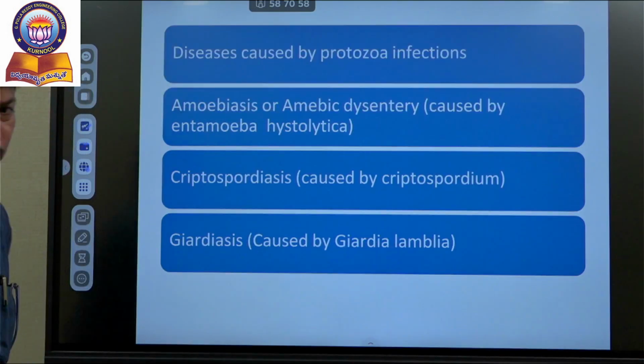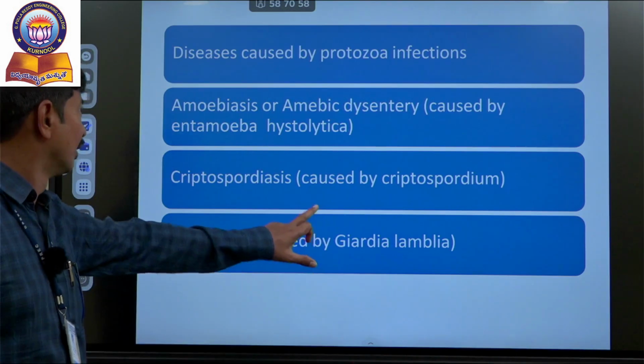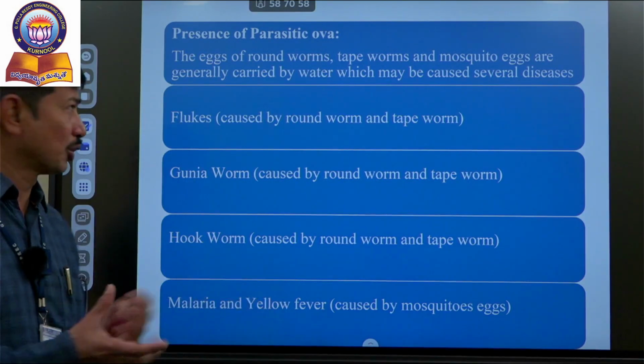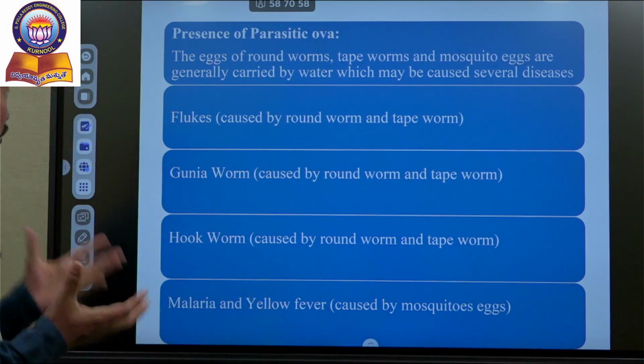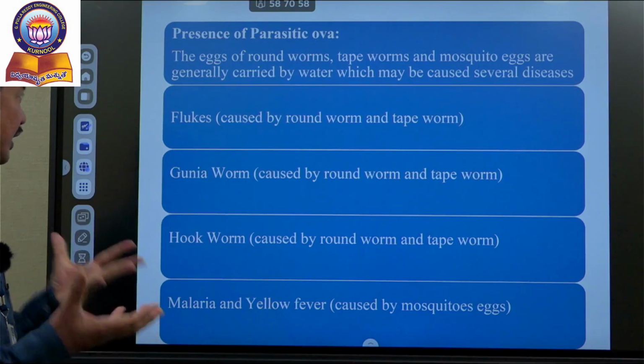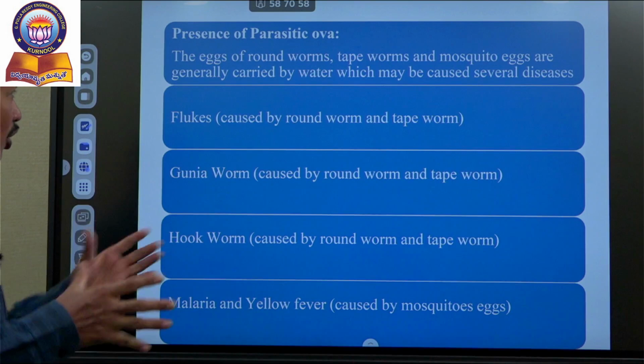Coming to protozoa, the main diseases are amoebiasis, cryptosporidiosis and giardiasis. These are the main diseases due to protozoa. And some parasitic ova, mosquitoes and some worms, eggs of roundworms, are generally found in water.